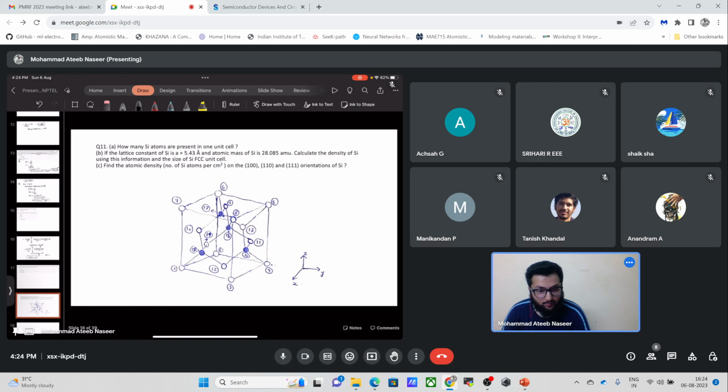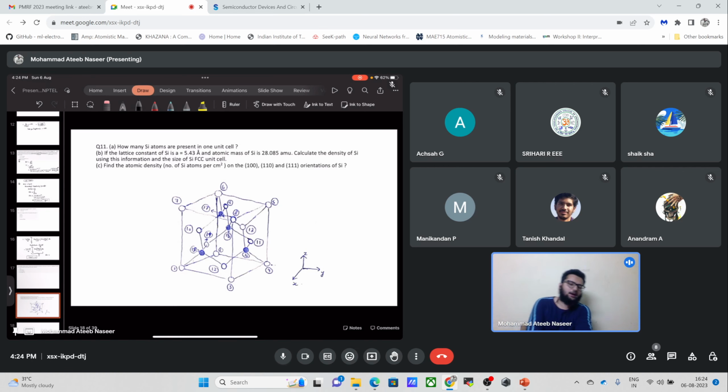Now, before moving towards this, another part of this course is related to crystal structures, because we know that with these materials we will mostly deal with silicon.